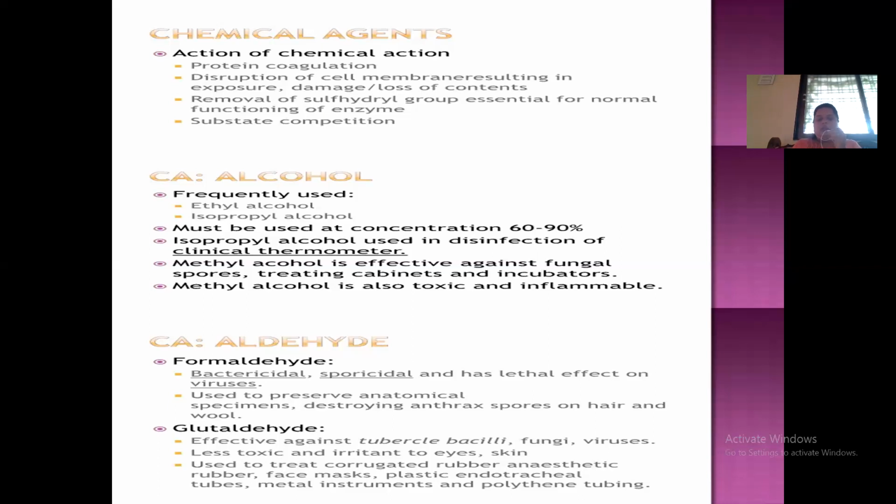It is used to treat corrugated rubber and anesthetic rubber, for sterilizing anesthetic preparations, and also on face masks, plastics, endotracheal tubes, metal instruments and polythene tubing. That is, it is used on rubber material.